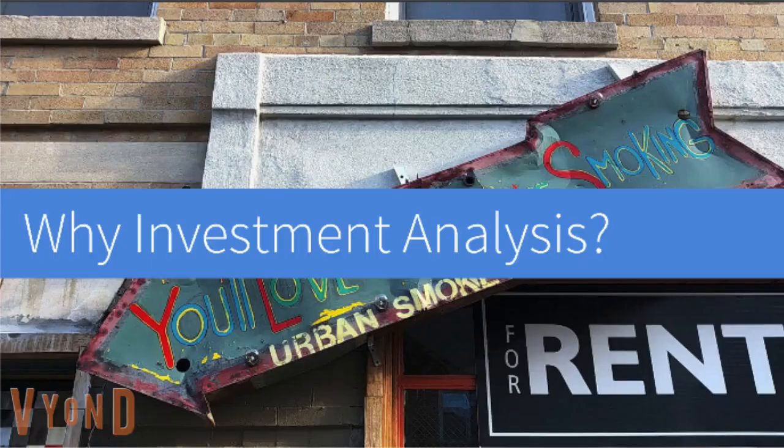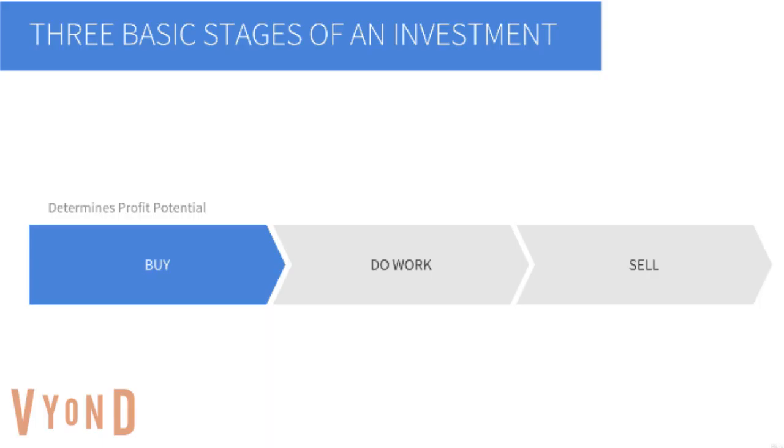Alright, in this quick lecture, we're going to talk about why we even should conduct investment analysis. So if we think of investing in three big stages, we can think of it like this. There is a first stage where we buy the property. Now, when you buy the property, this is where the profit potential of the investment is determined, right?